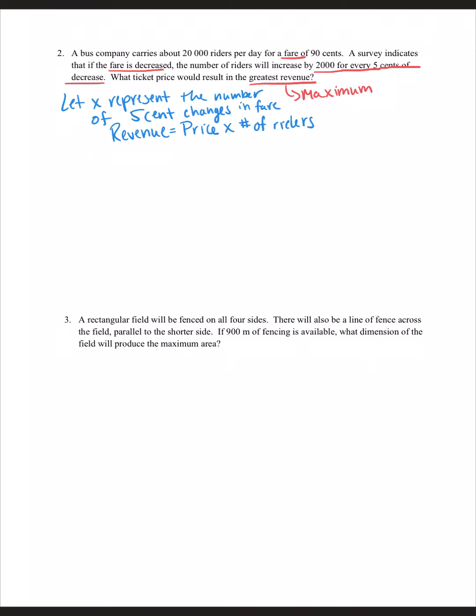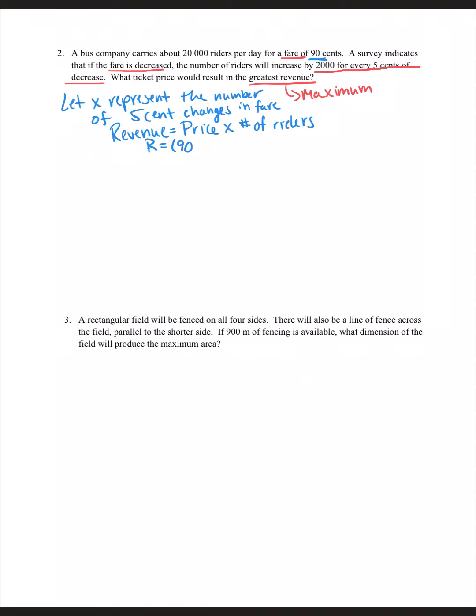So we're going to see if we can plug in some information to help us with this. Okay, we'll call R our revenue. Our price is going to be represented by, we know it's going to be 90 cents, right? We have that 90 cents, but they're looking to decrease it by some amount of 5 cent changes. So we could say 90 minus 5x, okay?